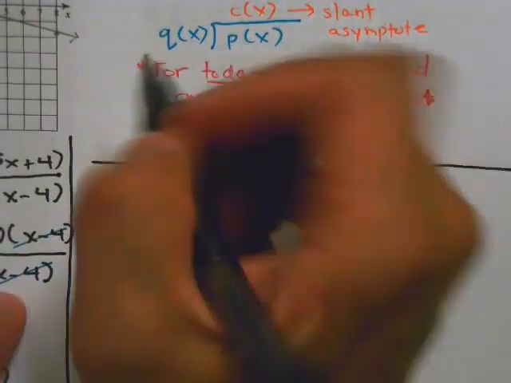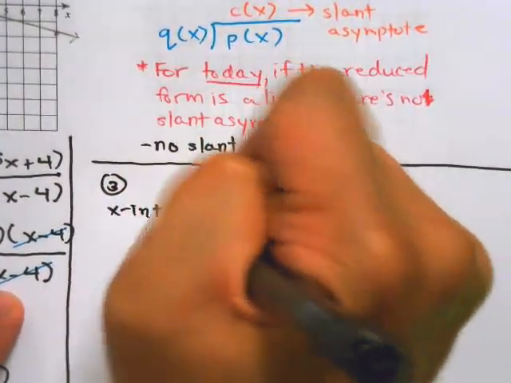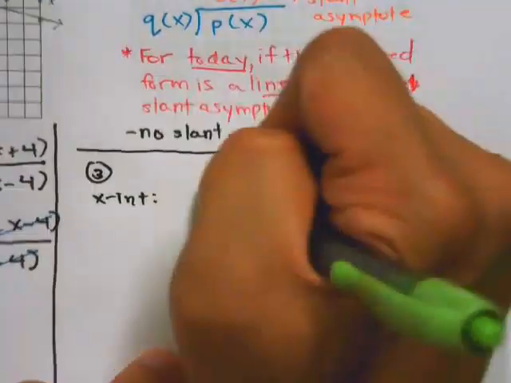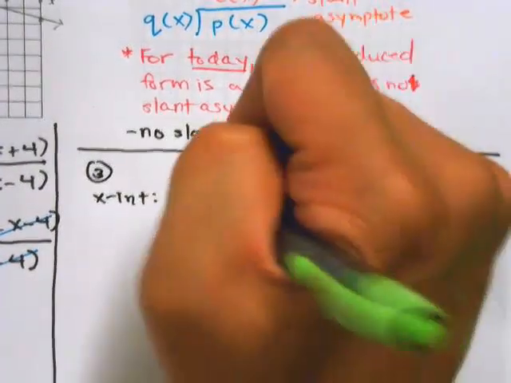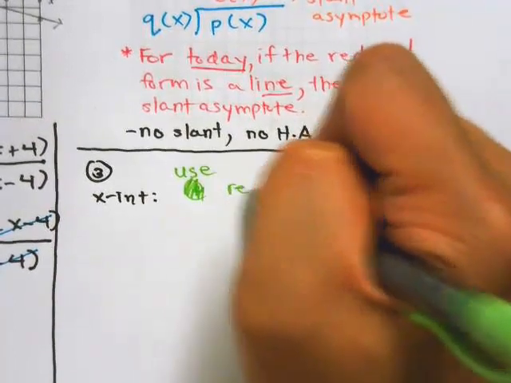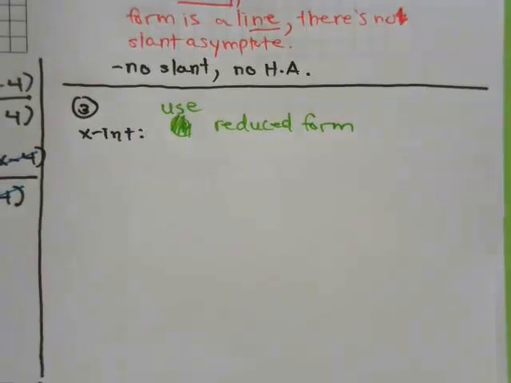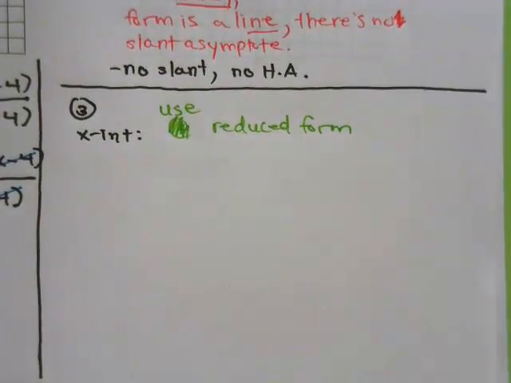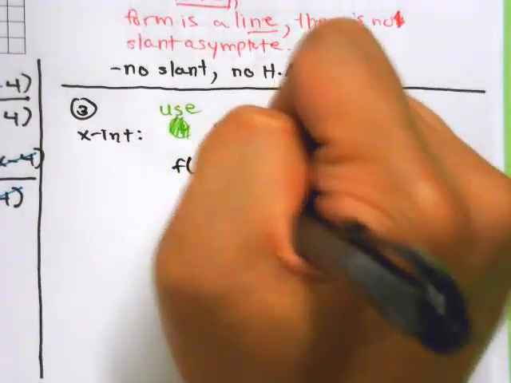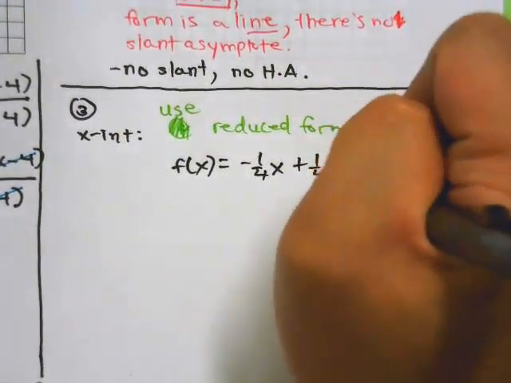We are almost done. Now we can do step 3, which is our x-intercept. Okay, use the reduced form. Our reduced form is f of x is equal to negative 1/4 x plus 1/4.